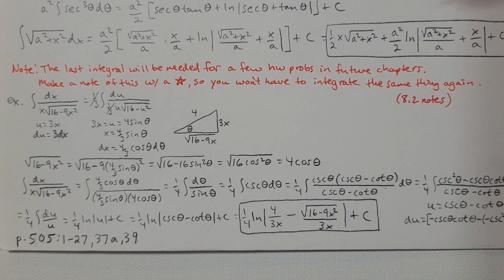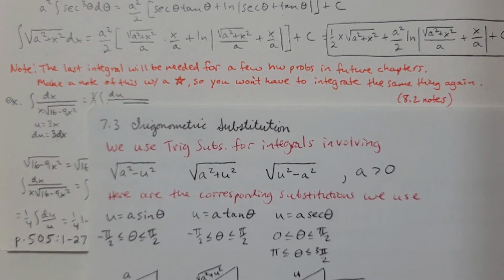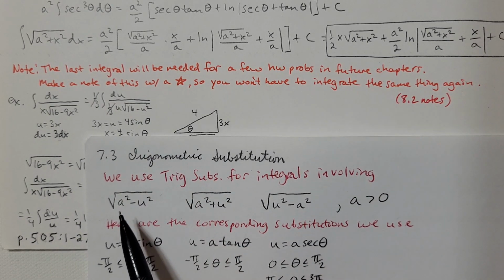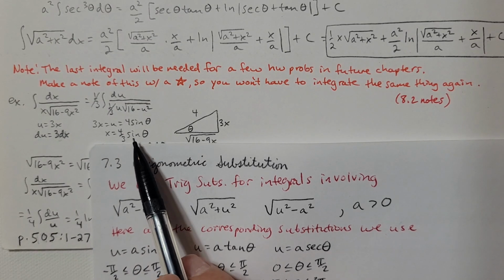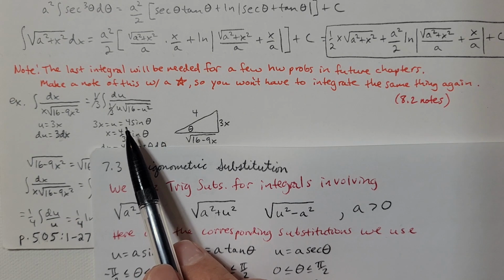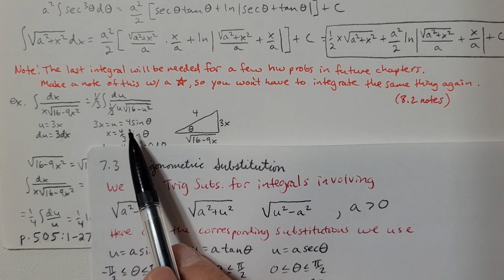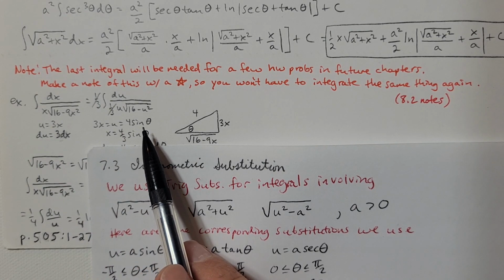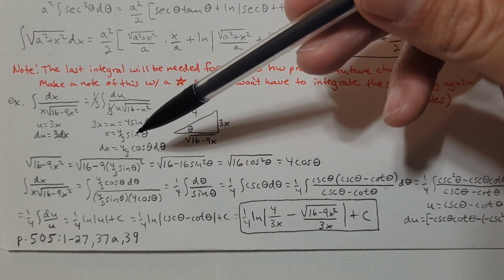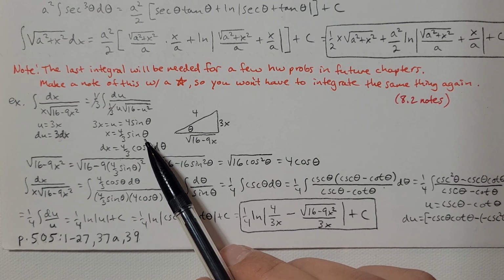Well, if I use a trig substitution there, my a value is 4. 4 squared is 16. 3x is u, but u would be 4 times sine theta. u is 3x again, so 3x equals 4 sine theta. If we divide both sides by 3 to get x all alone, x would be 4/3 sine theta.